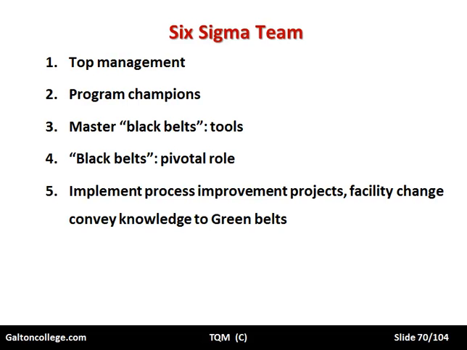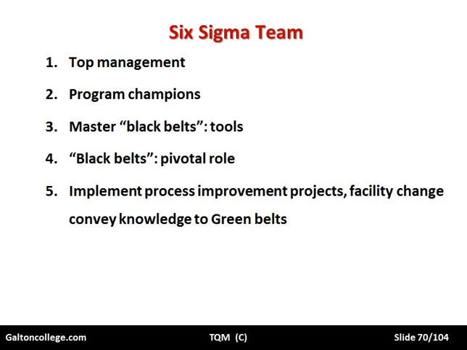The green belts are the people who are going to learn about the whole procedure and eventually implement it. But they need to be guided and directed and supported by the black belts. The black belts are the ones who are pushing it through. The green belts are the ones who are going to learn and use it. But they're also committed. They're committed individuals to it.